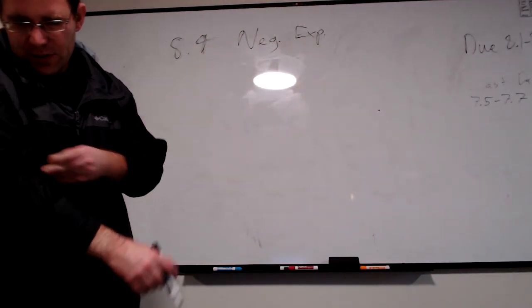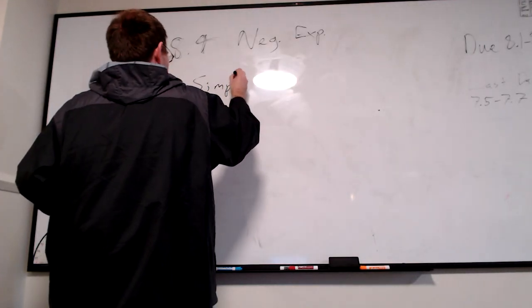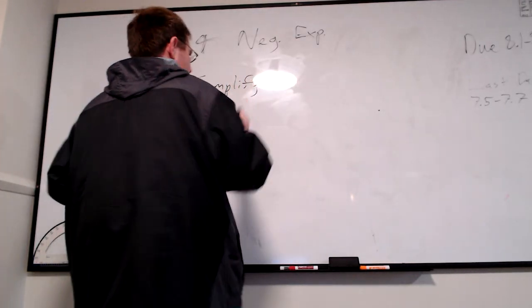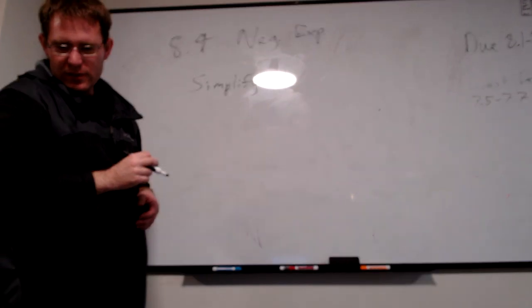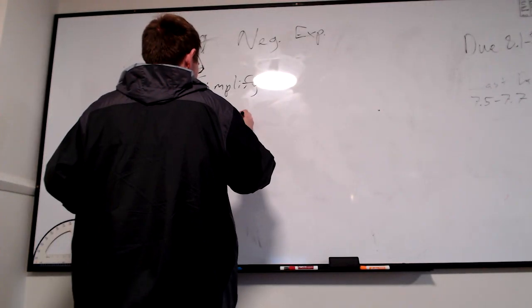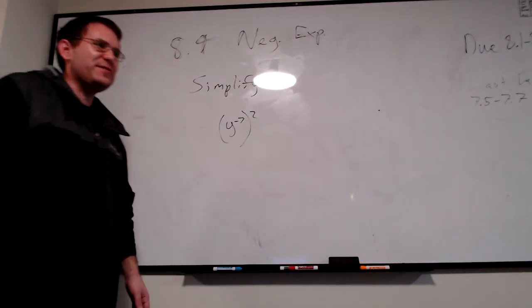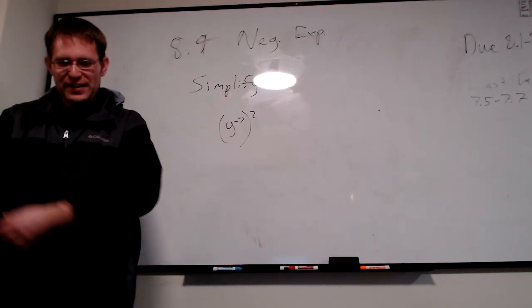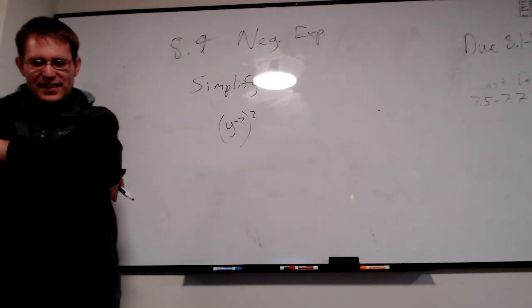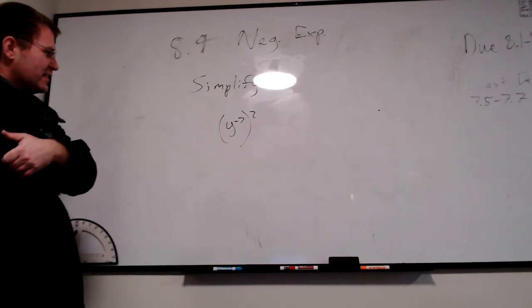We want to simplify y to the negative 7, all to the power of 2. We're going to do something fun. Let's break this down.